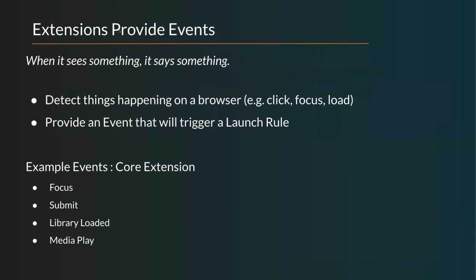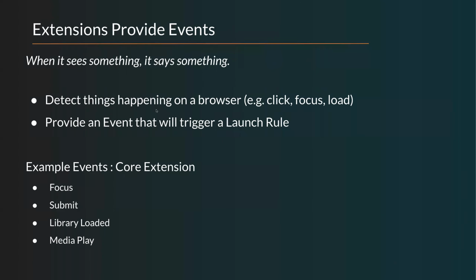Digging into each of these topics, extensions provide events. So when it sees something, it says something. Seeing something means detecting things that are happening on a browser. Example, a click, a focus, a load, a scroll event, a form event like input or submit or cancel.